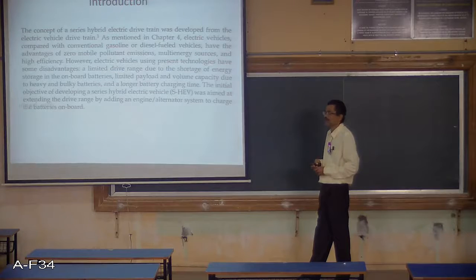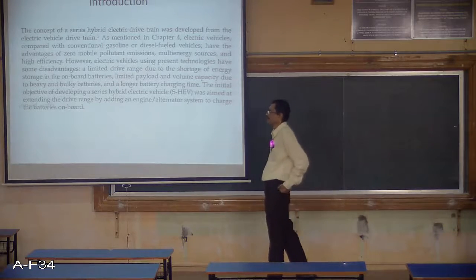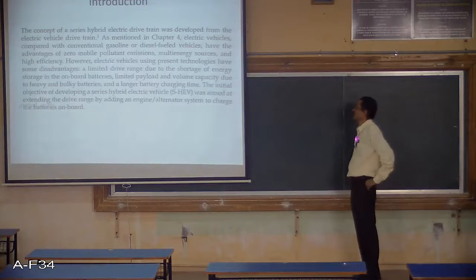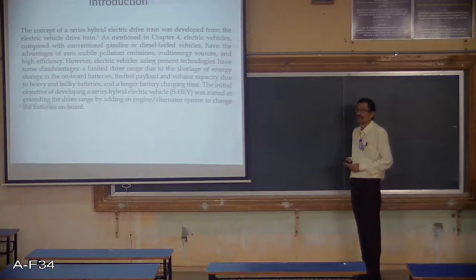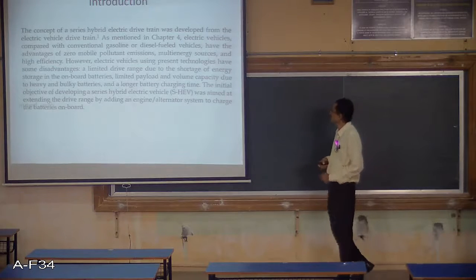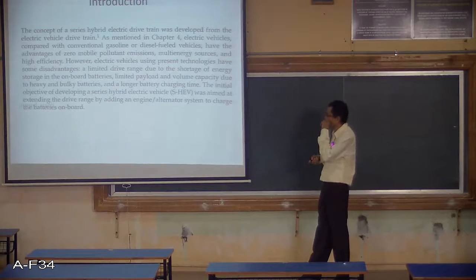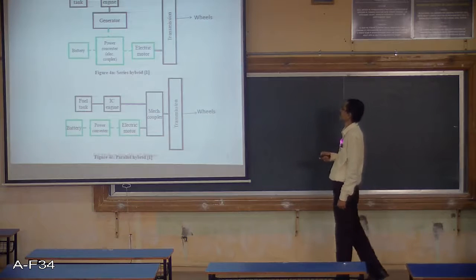That means there will be a generator as well as an IC engine along with the electric motor, and that will run and charge the batteries, and in turn it will run the electric drive, that is the motor. So that is how this was actually developed, and then it was modified to suit the requirements.